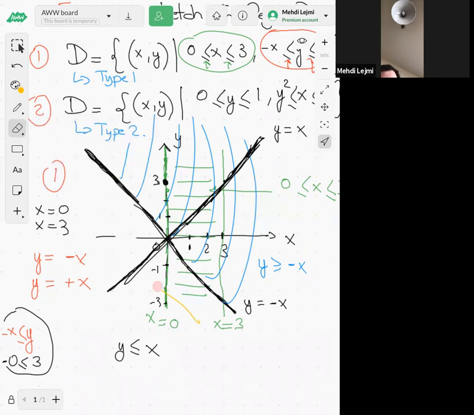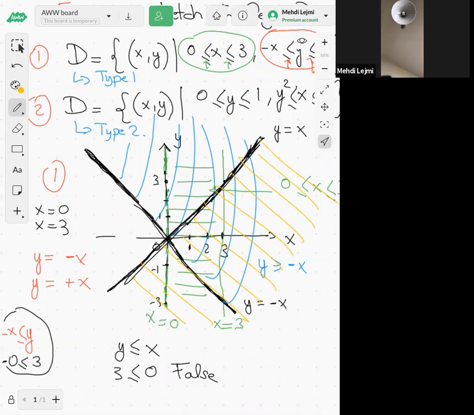Let's take the same point, 0, 3. So y is equal to 3, x is equal to 0. Of course, 3 is not less than 0, so this is false. So the region which corresponds to y less than x is this one here.